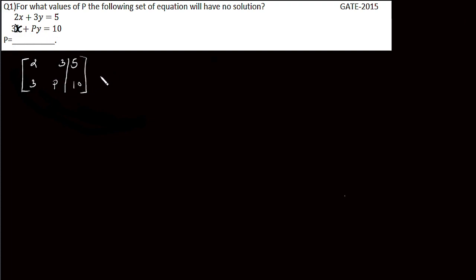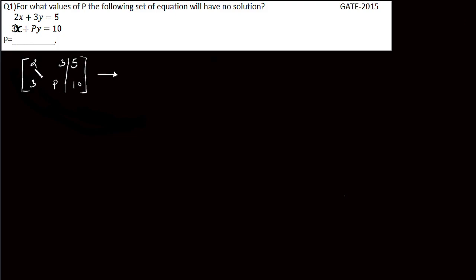Now let's apply some row operations on this matrix to reduce it into echelon form, from where we can compare the rank of this matrix and the whole augmented matrix, and find the value of p for no solution of this system.